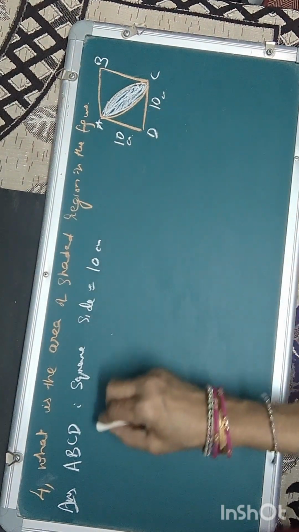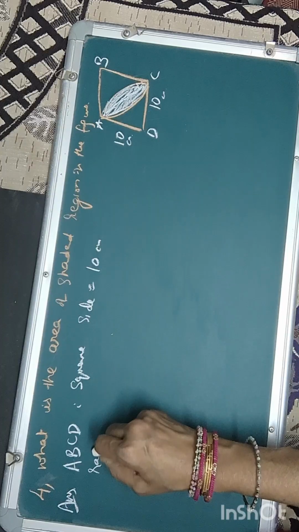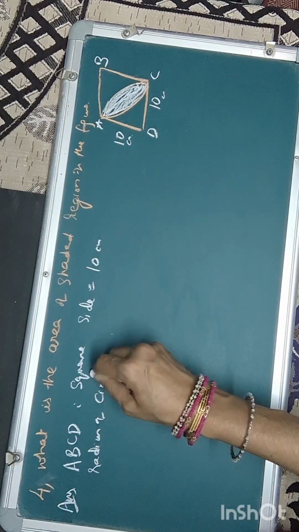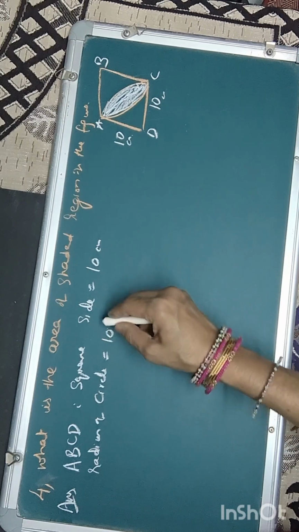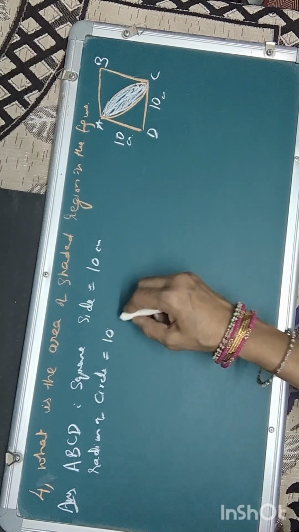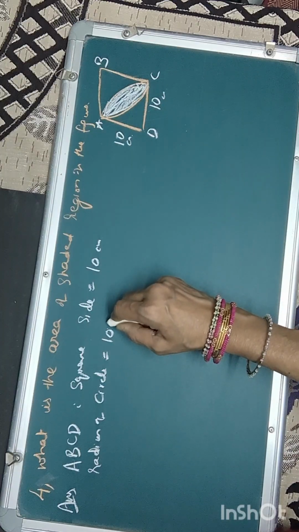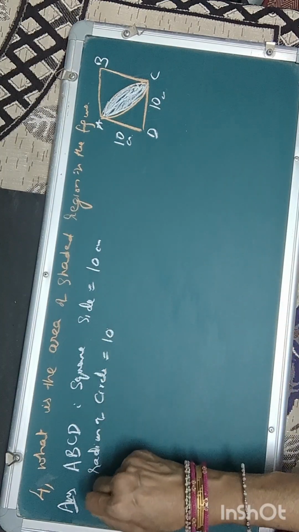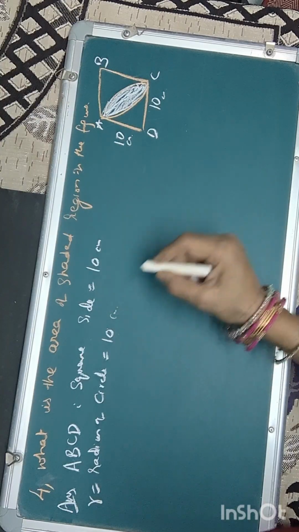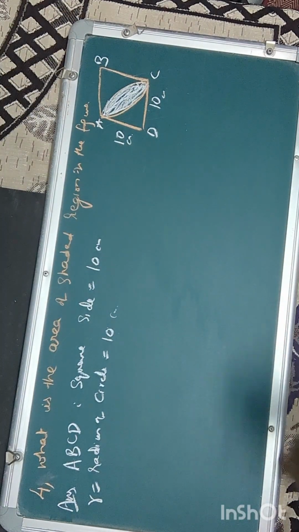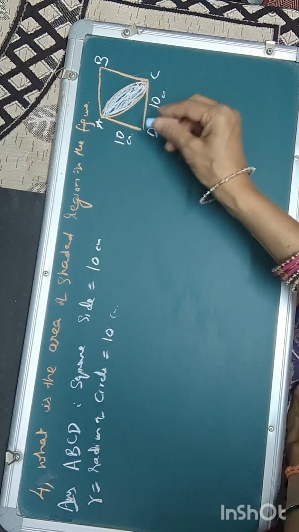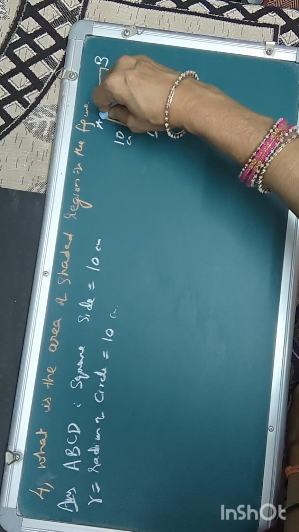And the radius of the circle is equal to 10 centimeters. So first we have to assume that this is the two.